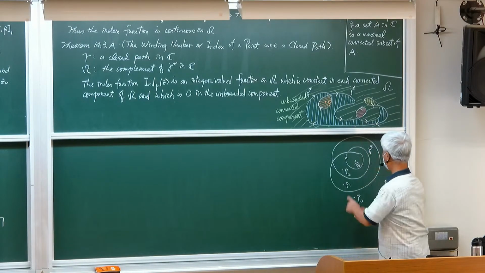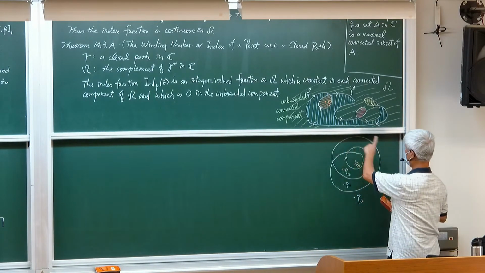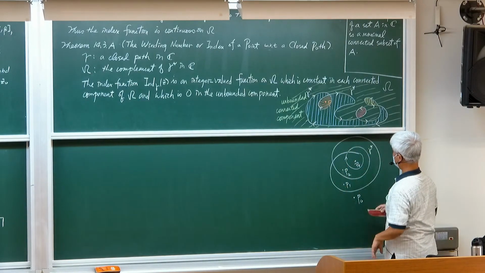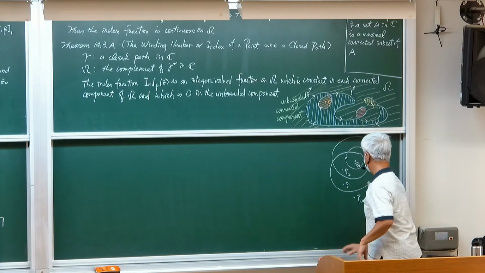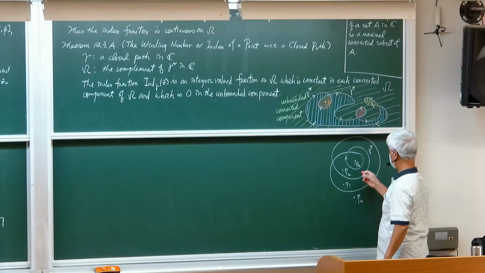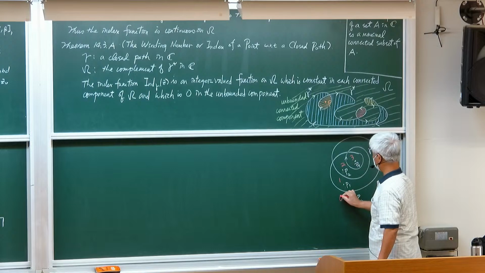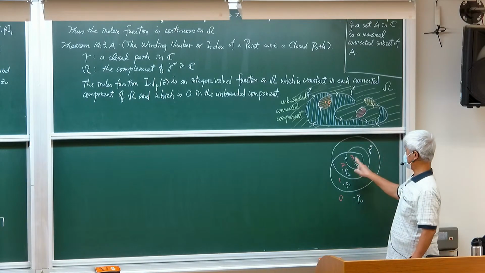So this is some particular path you can have. For this case, the winding numbers will be 3, 2, 1 and 0, for this specific case.